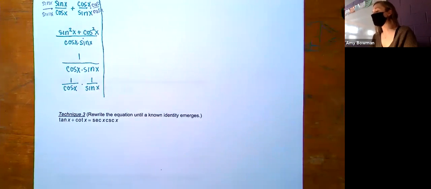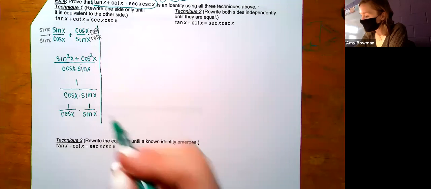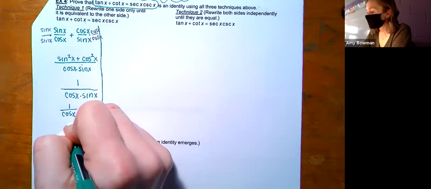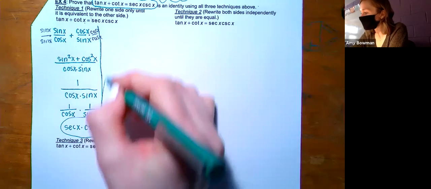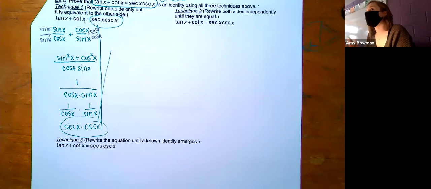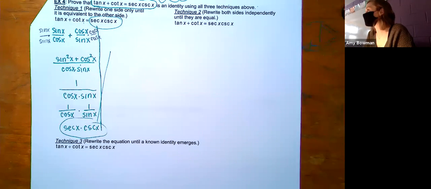Well, this should be exciting because what's 1 over cosine of x? Secant. Oh my goodness. See, I knew you'd like it. Look, we just showed that this side equaled that side, just by little steps using our knowledge. Does that make sense?